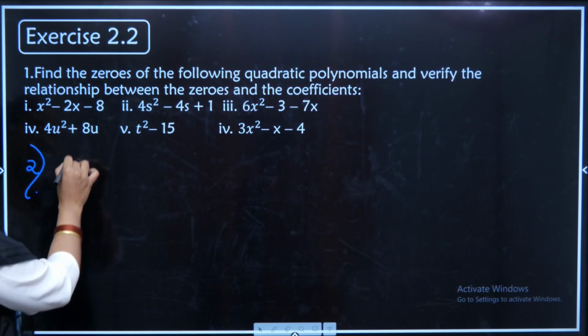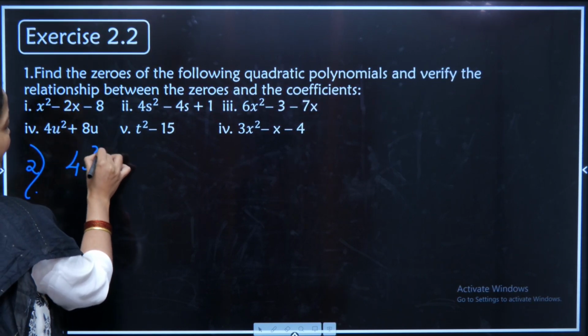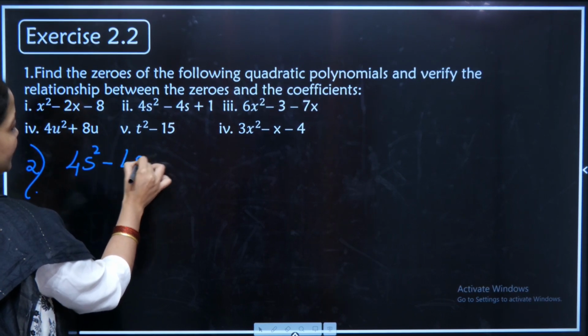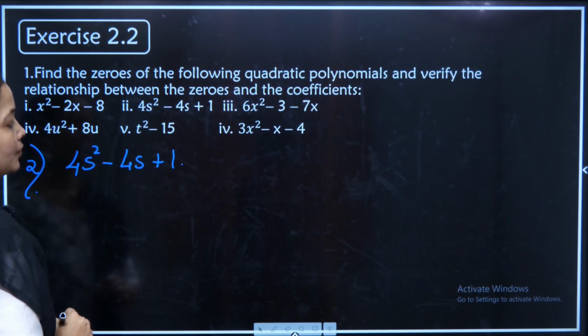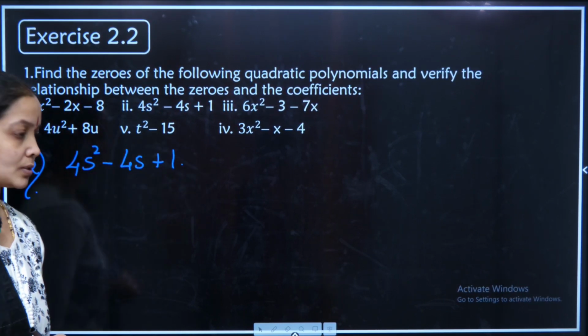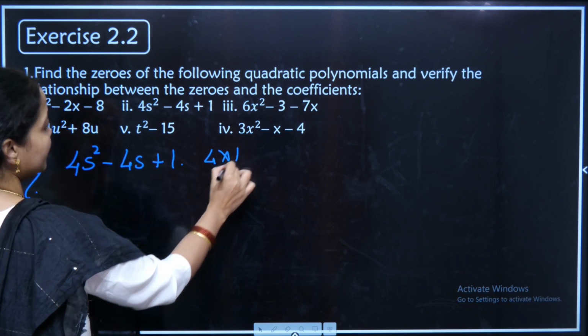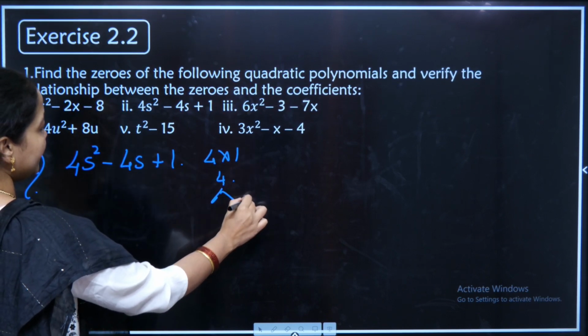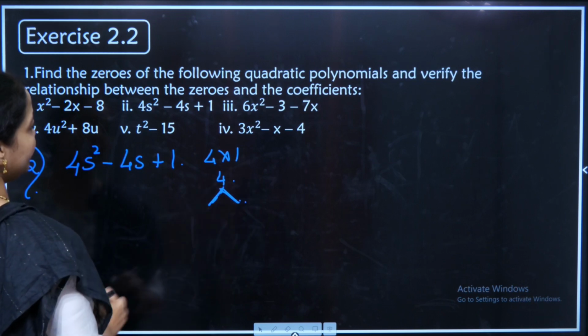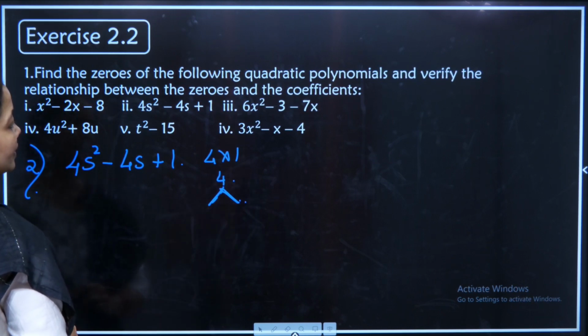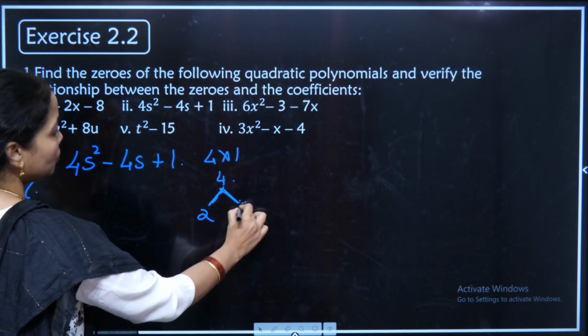The second question is having 4s square minus 4s plus 1. I have the first and the last term as 4 ones are 4. Splitting it, I am getting 4 ones are 4 or 2 twos are 4.